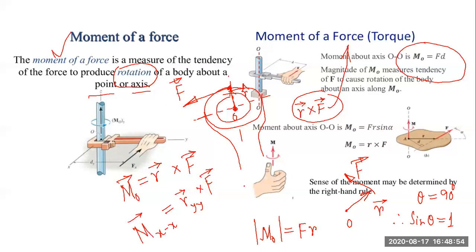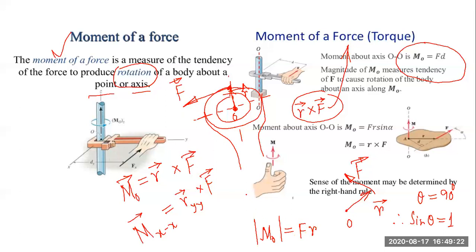Now, what minimum force is required to open the cork? You will see if you apply a minimum force or a little bit of force, the cork will not open. If you give more force, there is a tendency to open, but still not opening. If you increase the force F, it will open. That means a minimum force is required, because R is constant here.